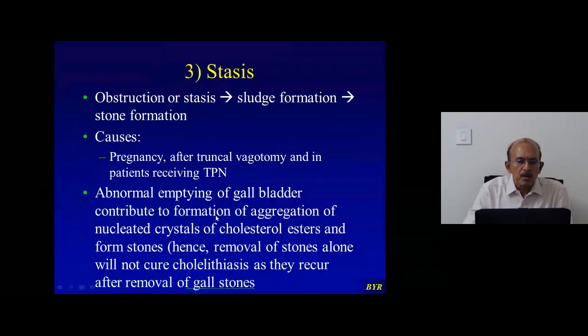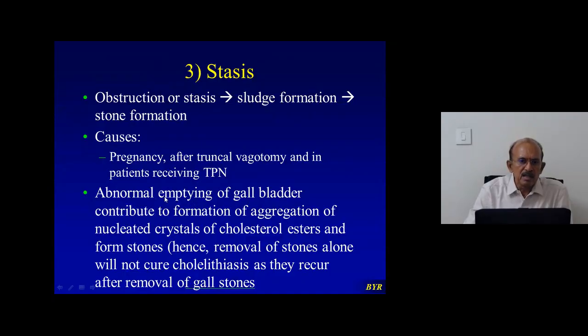So due to some reason, there is some abnormal emptying of the gallbladder. So the gallbladder is unable to empty completely. Some amount of bile remains in the gallbladder after its contraction. So there will be residual bile. This residual bile is static bile.